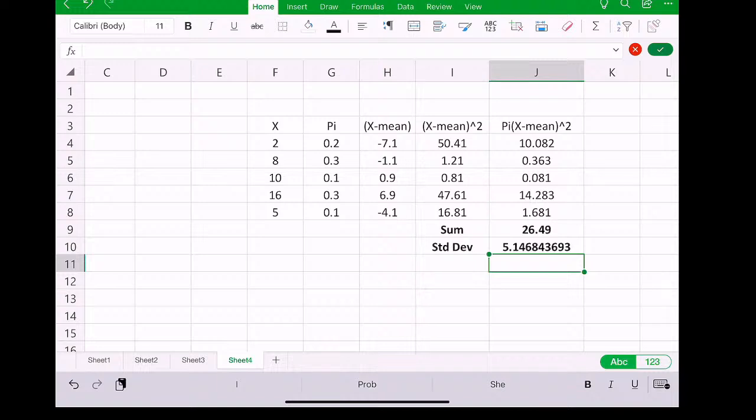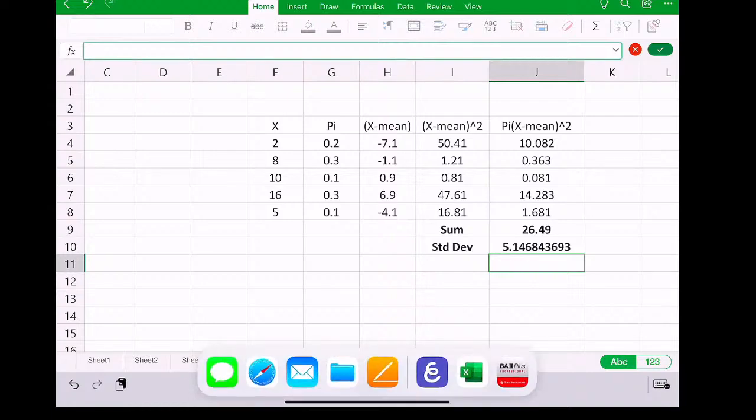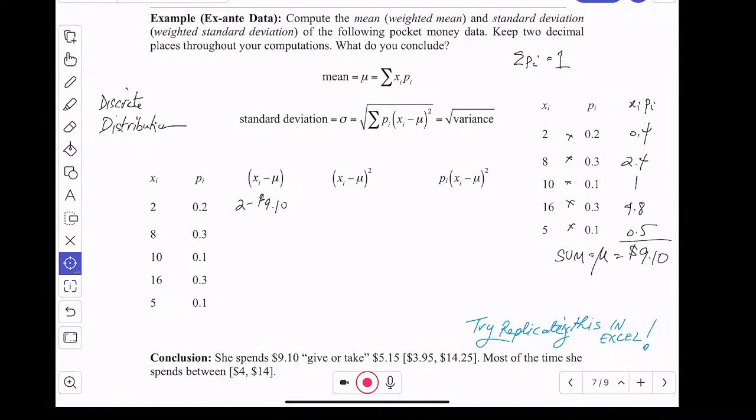Yeah, for the test you can make it in Excel. I always said you can use anything at your disposal, but you just can't ask somebody. So the answer is 5.14, 5.15 I guess. We'll round it. So practice that.